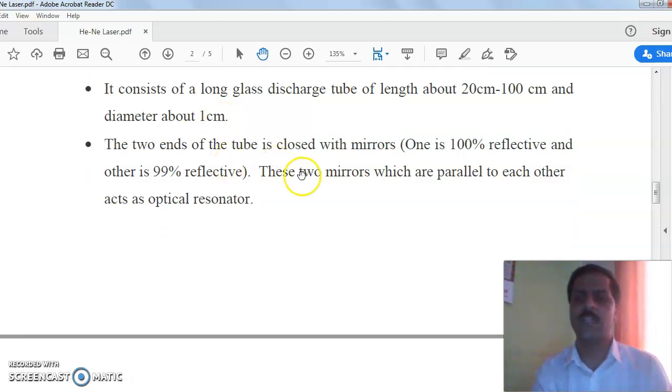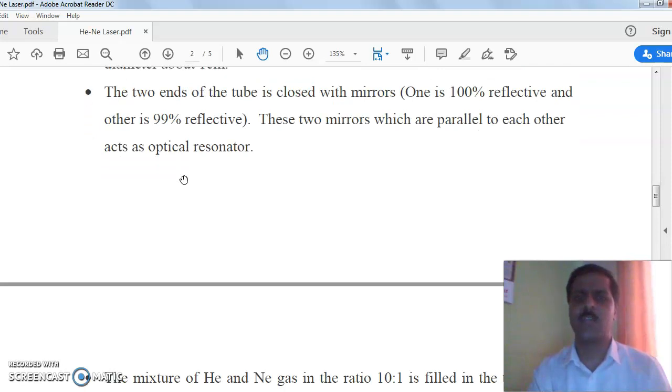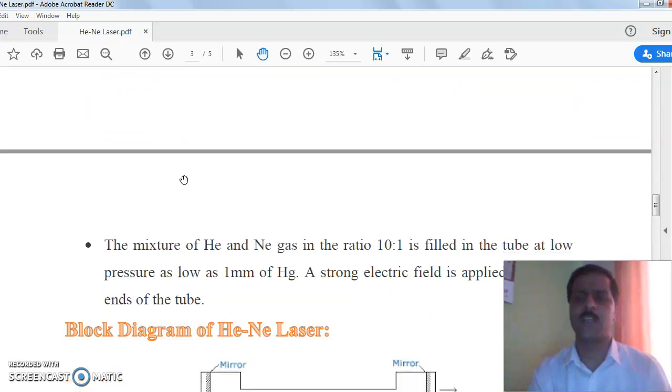The two ends of the discharge tube are closed with mirrors, of which one is completely reflective, 100% reflective, and the second is 99%, meaning there is a 1% chance of leakage. These two mirrors, which are parallel to each other, act as an optical resonator.